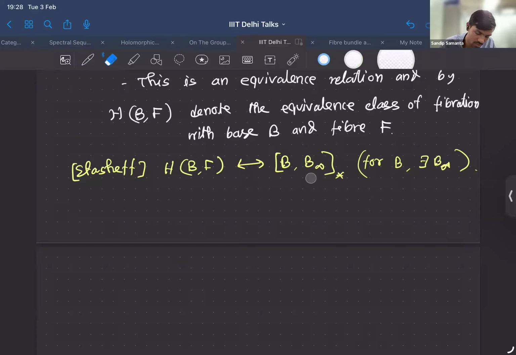So the right hand side is a very algebraic quantity.